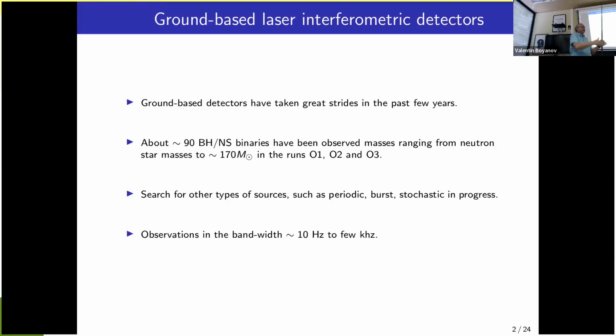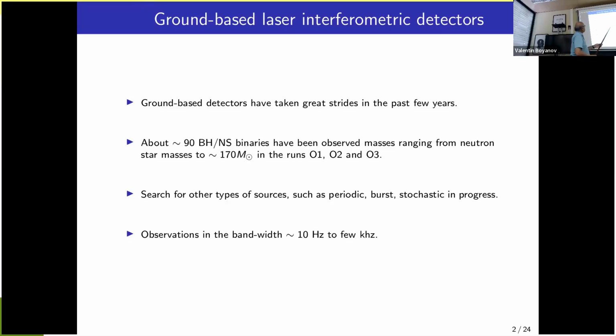That's the lower end of the bandwidth of the detectors, and it goes up to kilohertz. This puts a bound on the masses that you can detect. You can't go above certain masses because they will coalesce below 10 hertz.